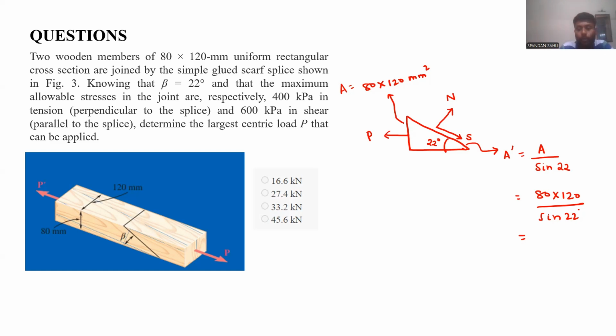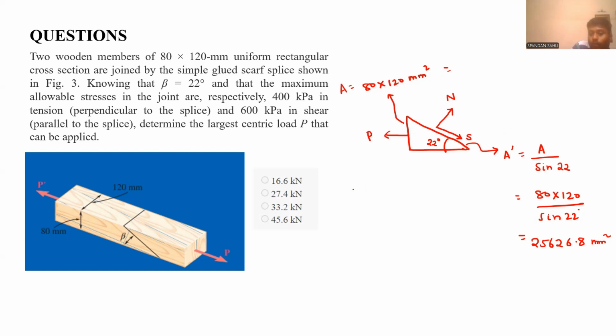So the value will be 25626.8 mm square. And this value was 9600.